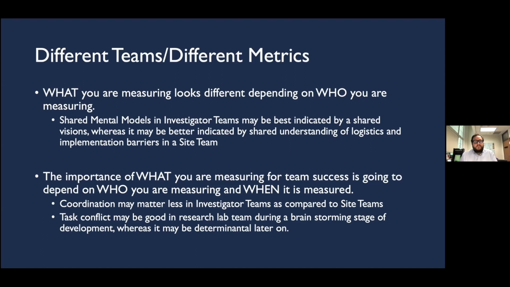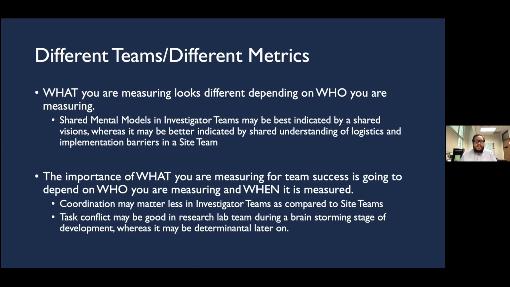Relatedly, these constructs will have different relationships with team effectiveness over time. So task conflict can produce some great innovation or idea generation at the beginning of the team's life cycle, during, say, brainstorming stages.